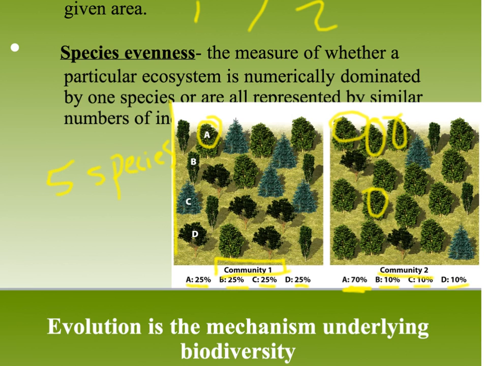This means that community 1 is considered more diverse. Make sure that you remember that if there's the same species richness and different evenness, and this one has a better evenness, then this community has a higher diversity.